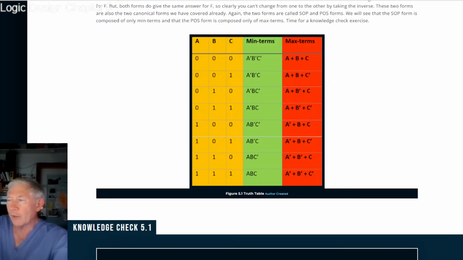We change the ANDs to ORs, and we change the primes to non-primes and the non-primes to primes. We do that for every row, and down here ABC becomes A prime plus B prime plus C prime. So you should be able to write the min or the max term for any of our particular rows. And remember, we number these 0, 1, 2, 3, 4, 5, 6, 7.